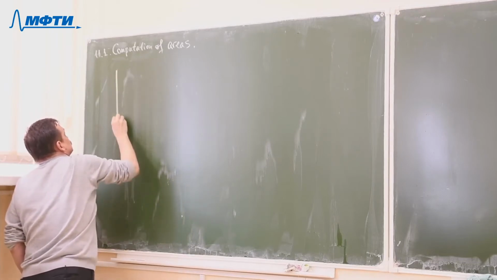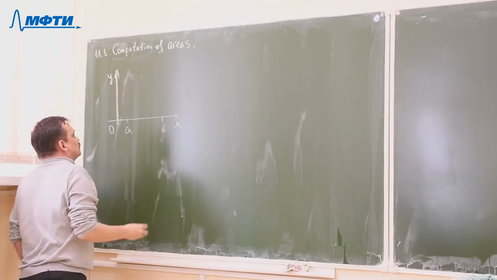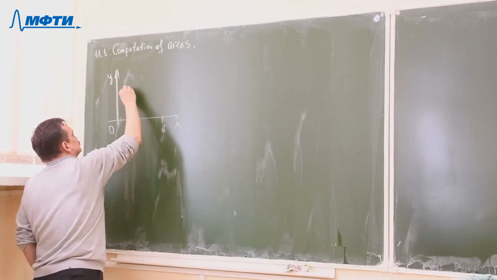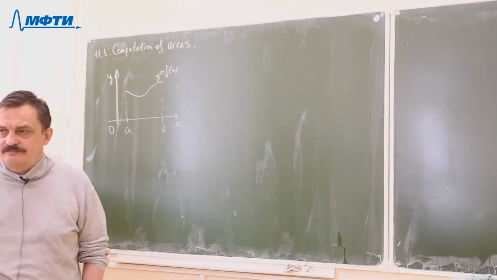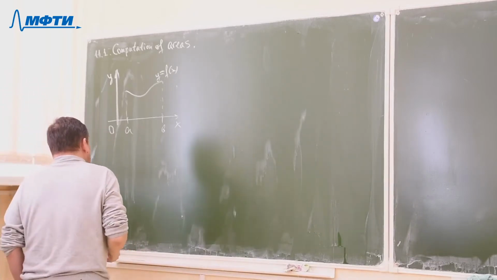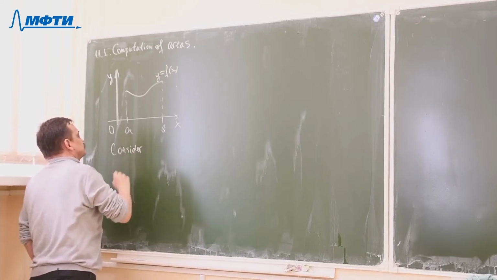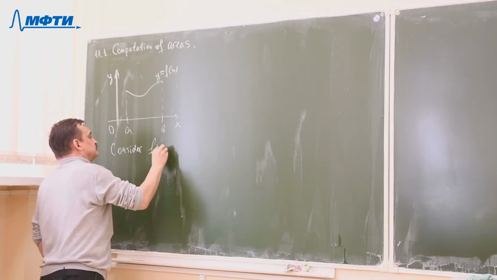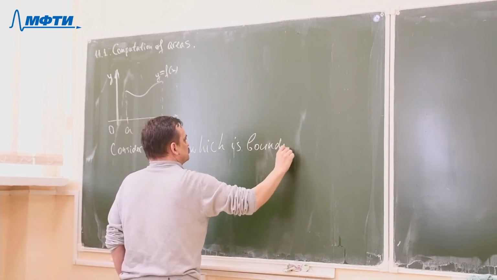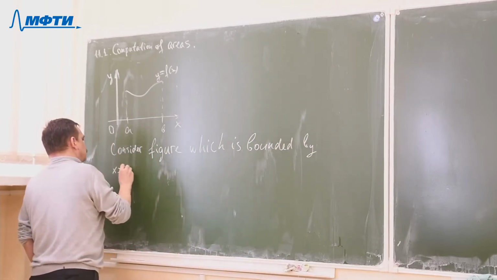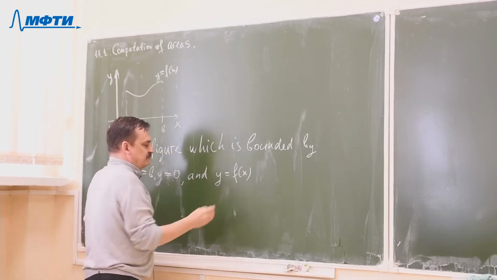So, if we have a function y equals f of x which is non-negative on an interval [a, b], then we consider the figure which is bounded by x equals a, x equals b, y equals 0, and y equals f of x, the graph of that function.